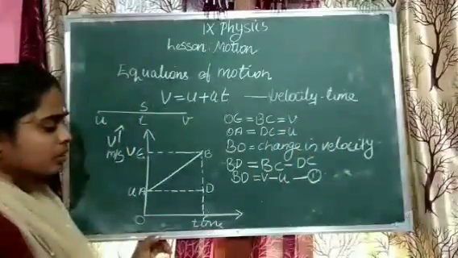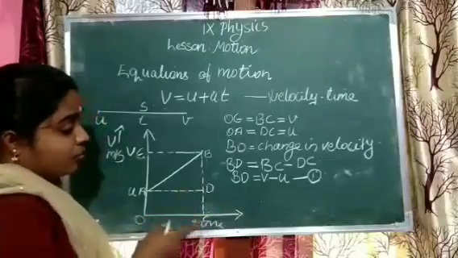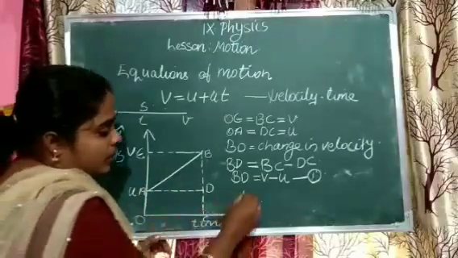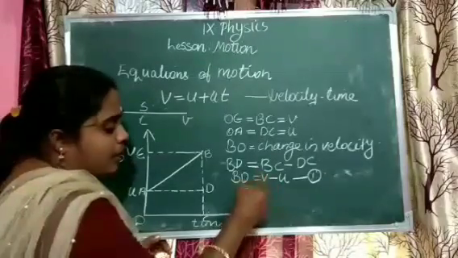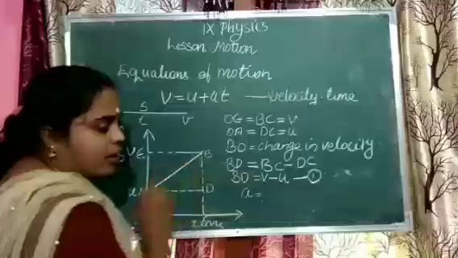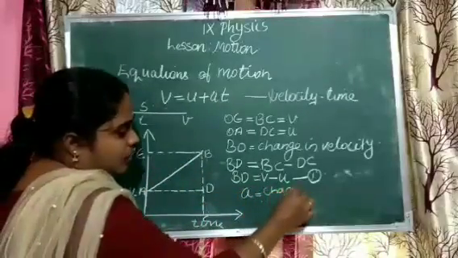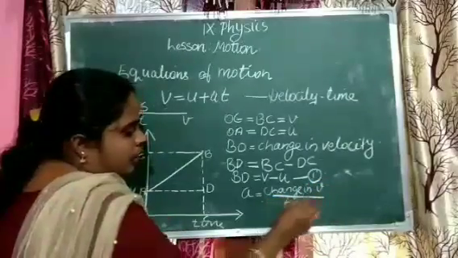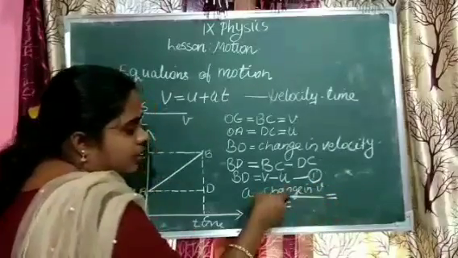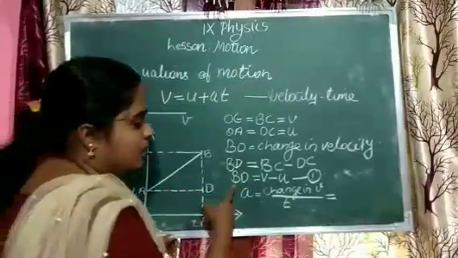Then we know that acceleration A is equal to change in velocity divided by time. What is the change in velocity? According to our graph, BD is the change in velocity.